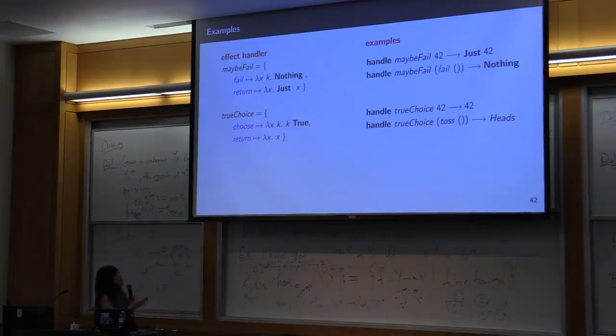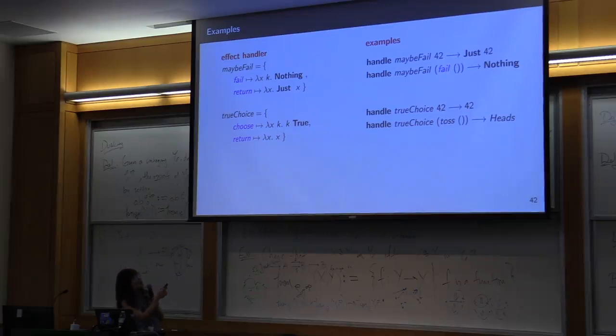So this true choice is a handler that handles the choose operation. We have seen that we use it to toss a coin. In this case, this handler says, well, if we ever perform choose, I'm going to resume the original computation by giving back true.